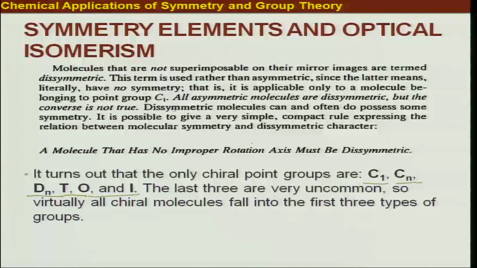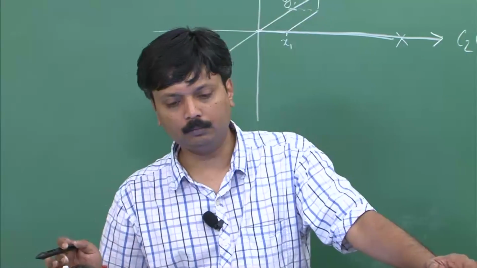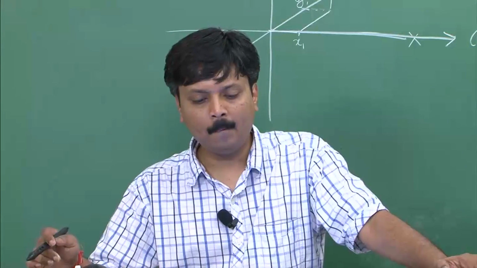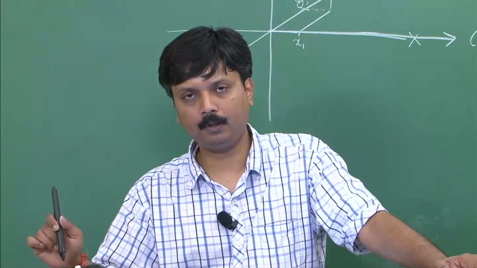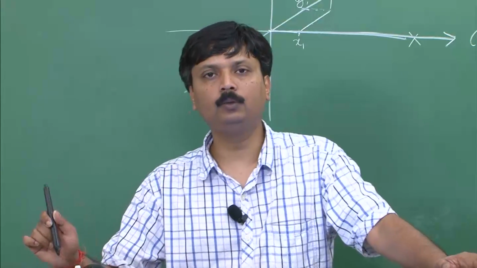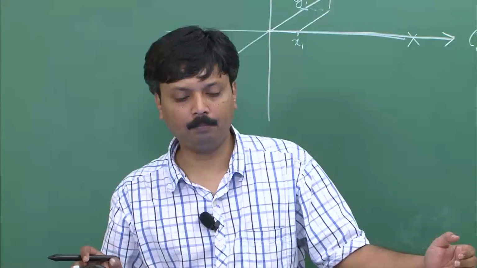If you have a mirror plane, that can actually produce a superimposable mirror image. So having a mirror plane in a molecule will make sure that it is not chiral, it will not show any optical isomerism, and the same is true of inversion. Those two are very easy to figure out. Now other than that, if you have Sn, what will happen? In Sn you rotate and then take a mirror image on the perpendicular plane.